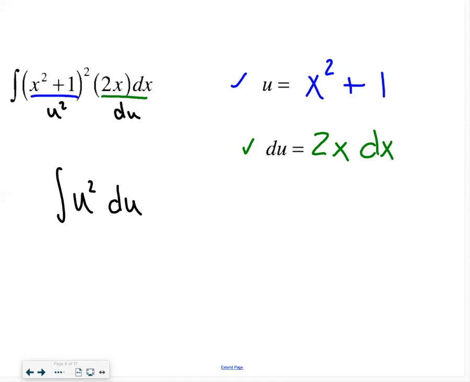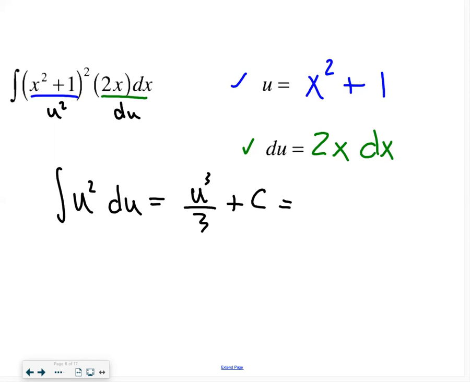Now this is something we can easily take the antiderivative of, right? We don't have to expand anything out. This just becomes u to the third over 3. Now, it's an indefinite integral, so we need to have a plus c at the end. That's something that we don't want to forget.